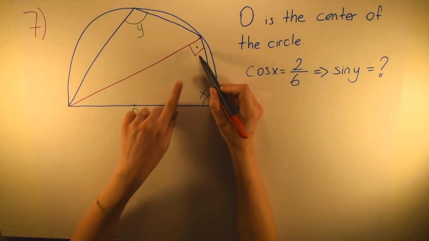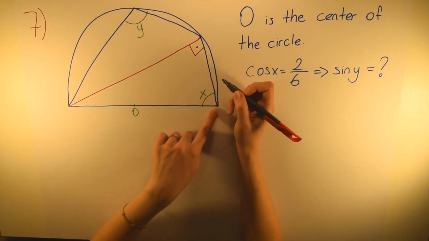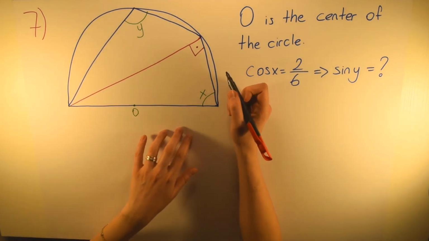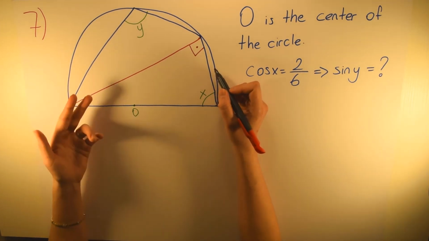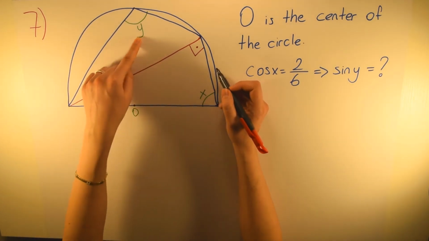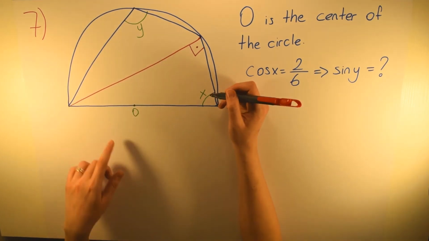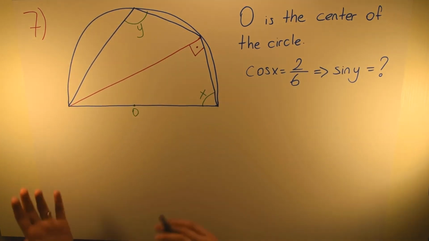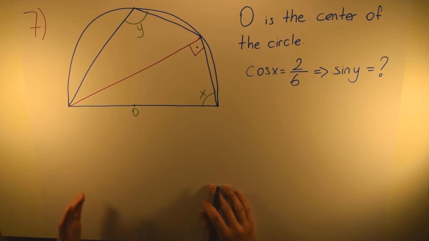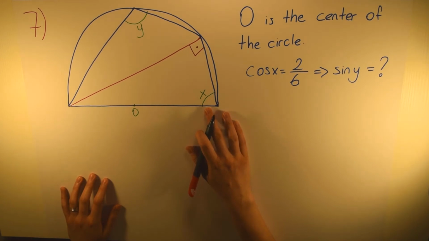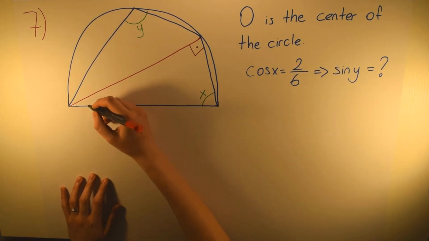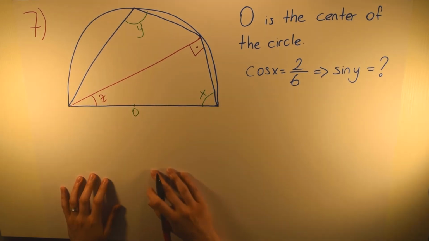Why? Because it sees the diameter of the circle, right? You should remember this rule. But still our y angle is not in the right triangle, so we should find something else. So let's say we know the value of cosine x. Let's say here is the angle z.